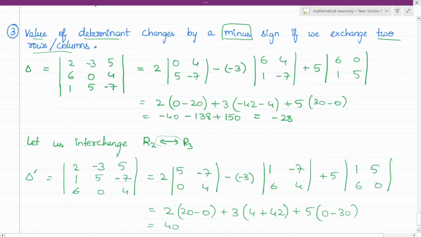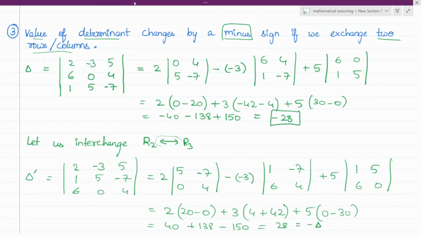Now you get 40 plus 138 minus 150, that is nothing but plus 28. Plus 28 is nothing but minus of delta from here.